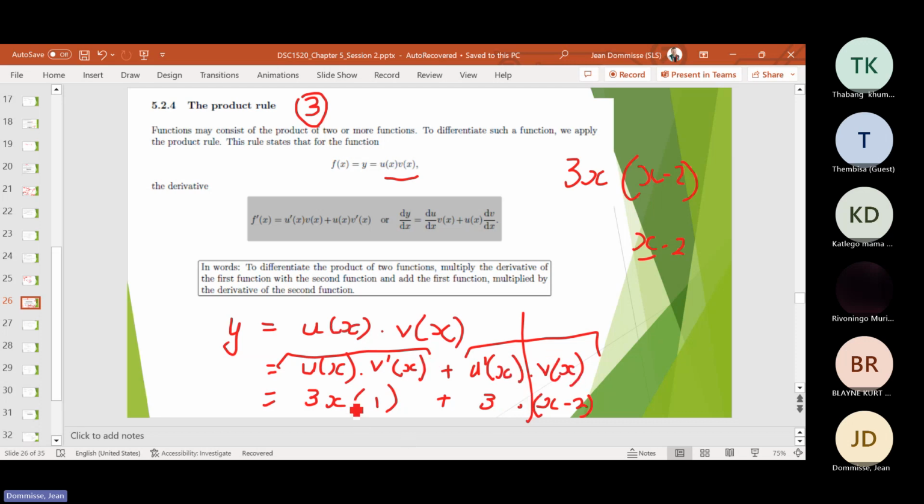If you do it the other way around, taking the second function and multiplying it by the differentiation of the first one, it doesn't matter, because then you're just doing the second part first, and that would not have an impact on your answer.